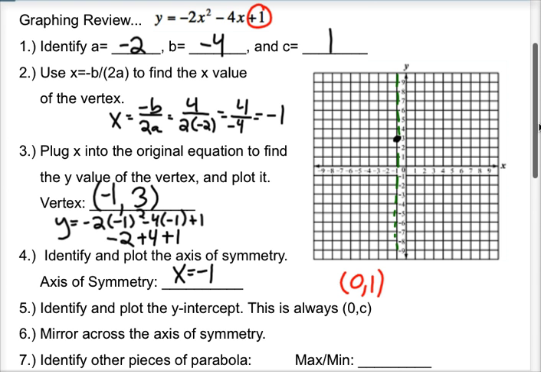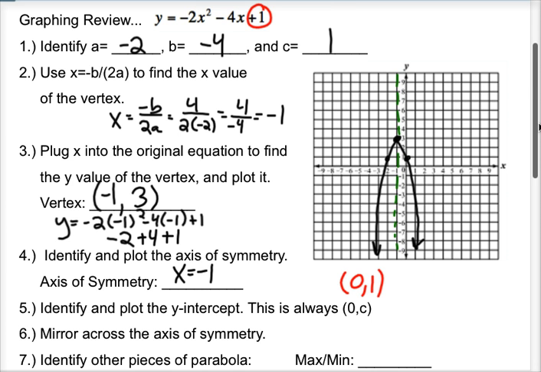So we get our y-intercept at 0, 1. Now, to mirror that point, notice it is 1 away from our axis of symmetry, so I get an identical point 1 away on the axis of symmetry in the other direction. And that gives me enough so I can finish my parabola.